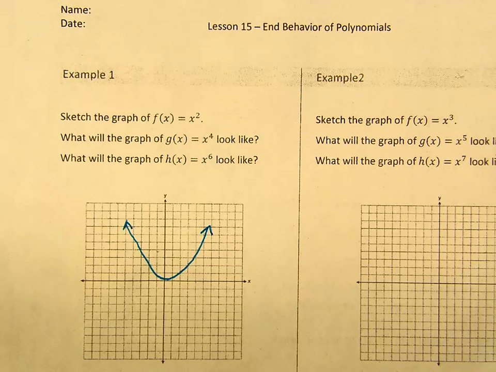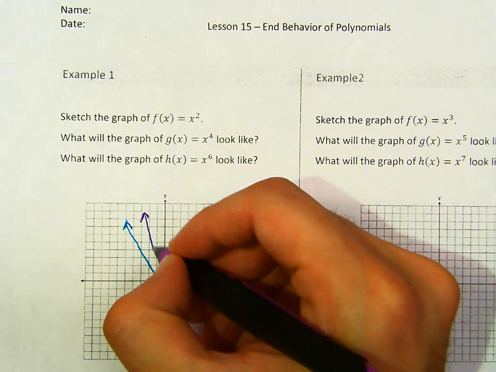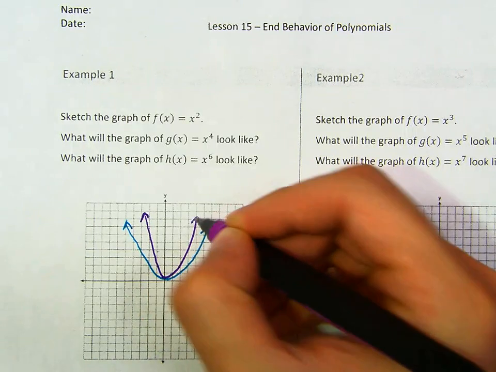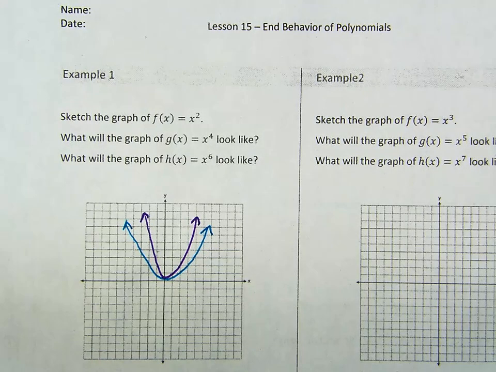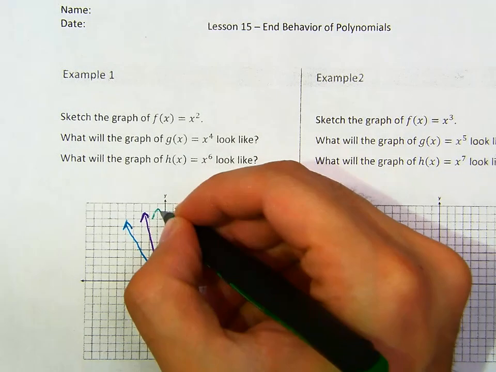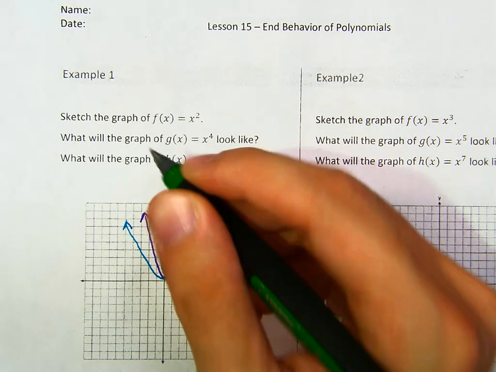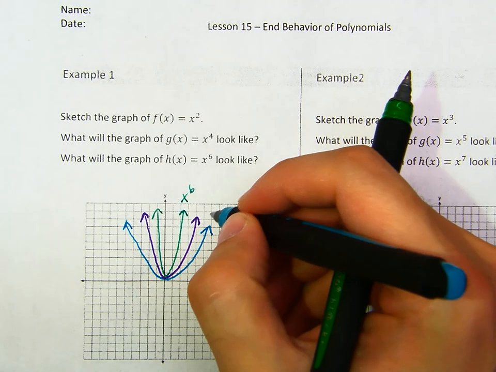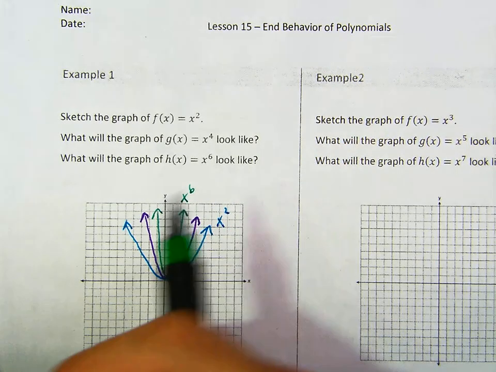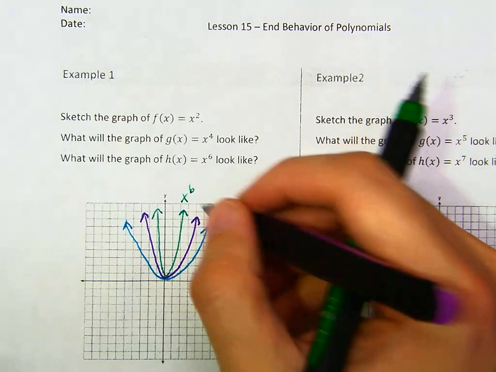What's the next one in red? This could be x to the 4th. And then the next one will be x to the 6th. So this is x to the 6th, this is x squared, and this one will be x to the 4th.